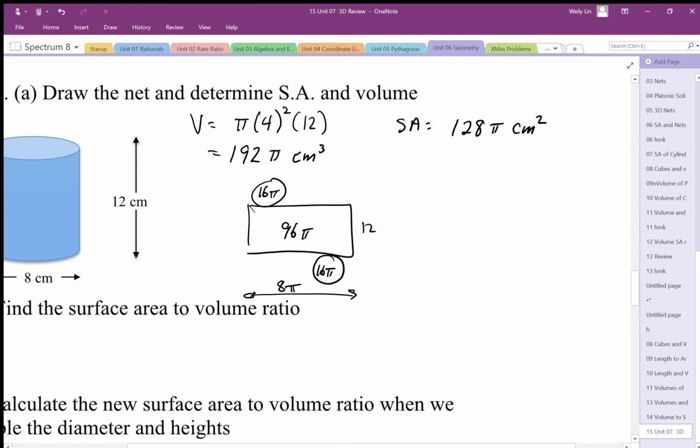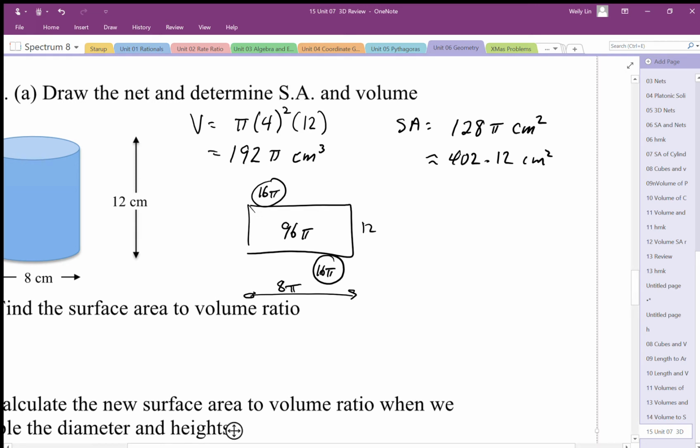The decimal values for these again: 128 pi works out to be approximately 402.12 centimeters squared. And 192 pi works out to be 603.19 centimeters cubed, approximately.